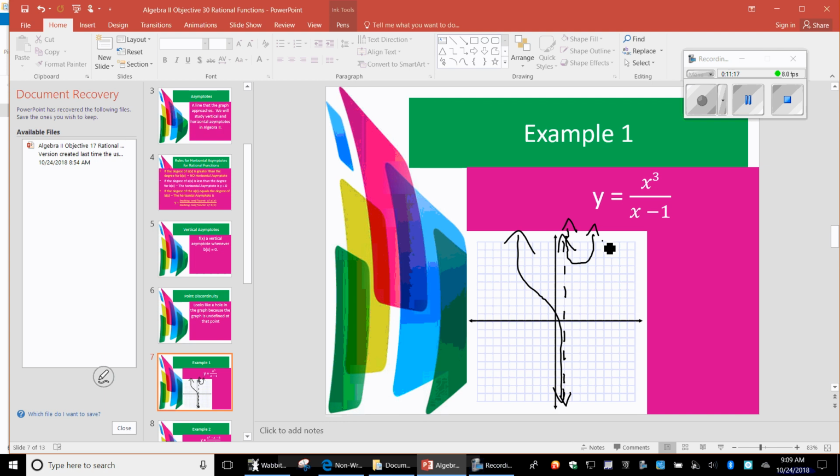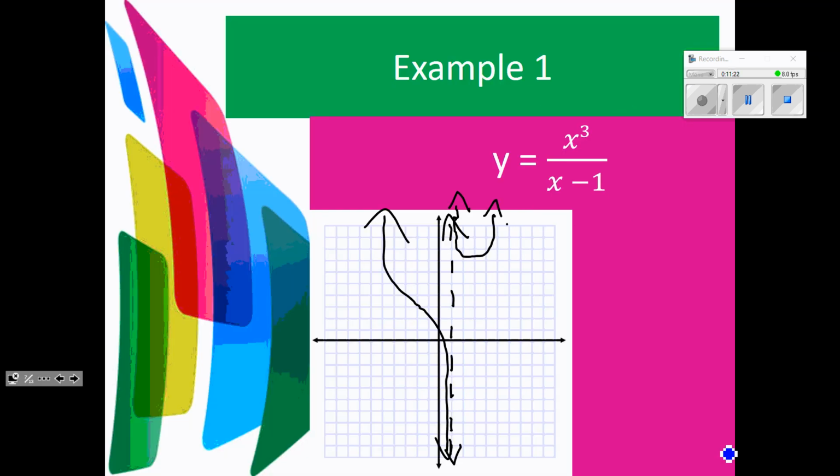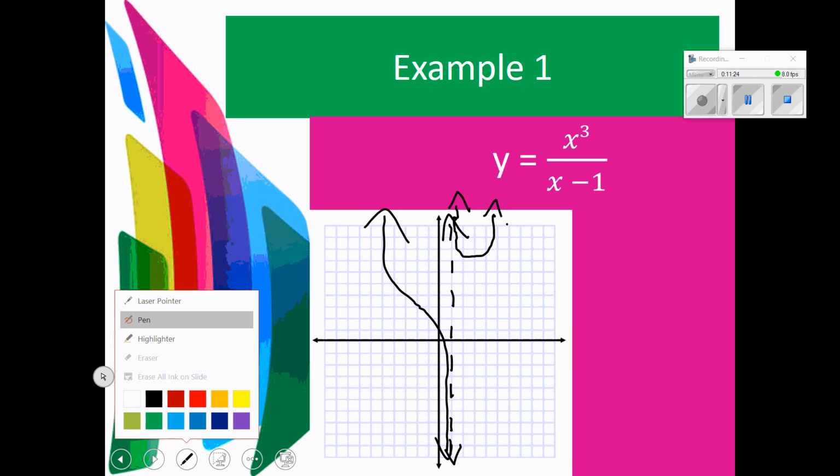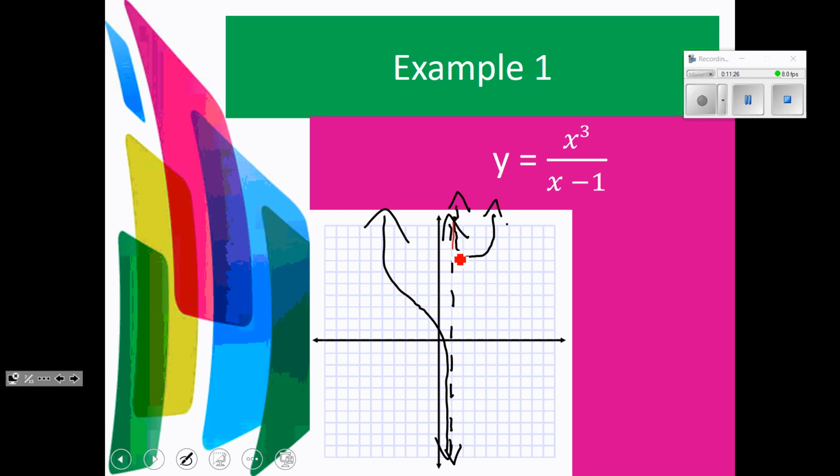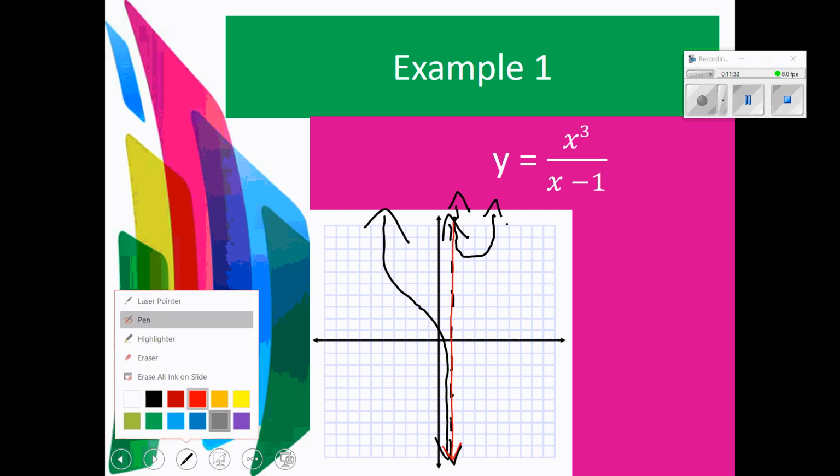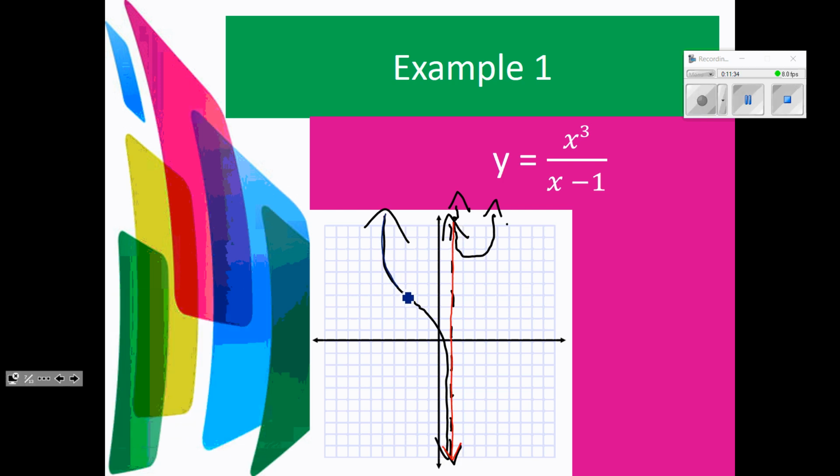So you have this asymptote right here, and this is the line where the graph's approaching, okay? So when you graph it in your calculator, it may not look exactly like that, but you can just sketch it. But it's getting really close to that asymptote, but not quite touching it, okay?